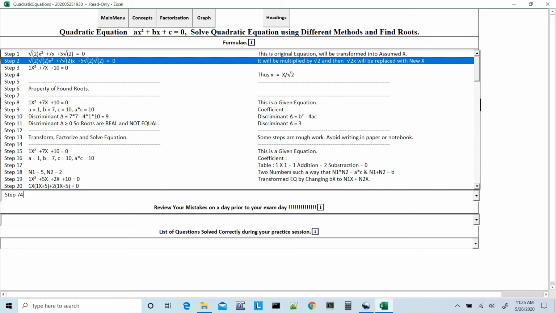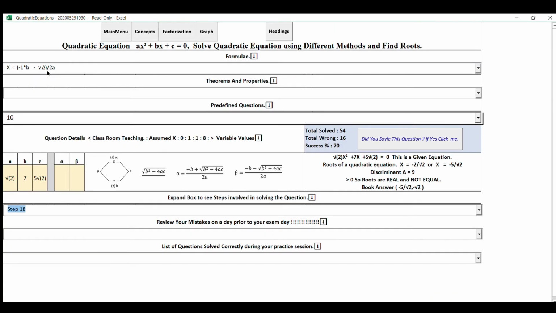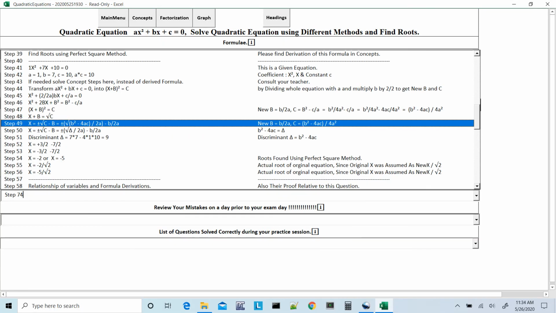So your equation got converted into a normal ax square plus bx plus c is equal to 0 equation. Now in this case, a is equal to 1, b is equal to 7 and c is equal to 10, and your variable is capital X. Now you use the same method to solve the quadratic equation.